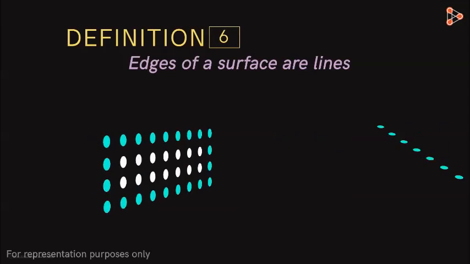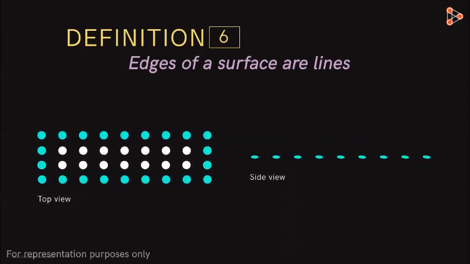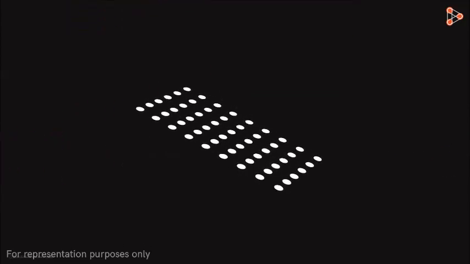Now let's look at the surface from the side view angle such that only the edge of the surface is visible to us. When we do that, the surface appears to us like a line. By Euclid's definition of a straight line, if the points on a line are evenly spaced, then it will be a straight line, which means the edge is a straight line, and the surface will look flat like this.